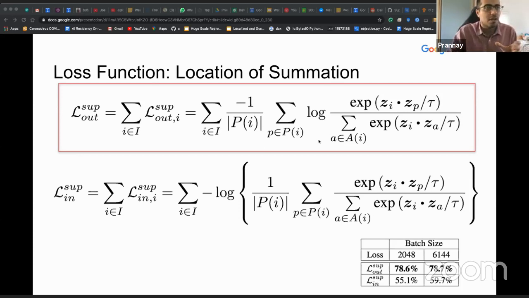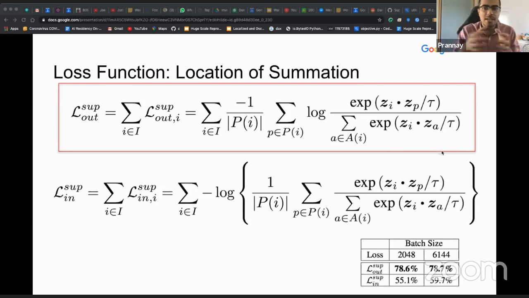The next part is that we again have a likelihood term, but this likelihood term is computed for a given anchor, for every positive that exists. It is very similar to self-supervised, where you have this dot product which is supposed to be a measure of similarity, and then you exponentiate to get this likelihood term.